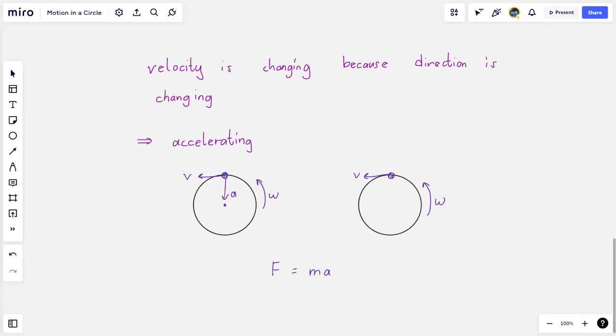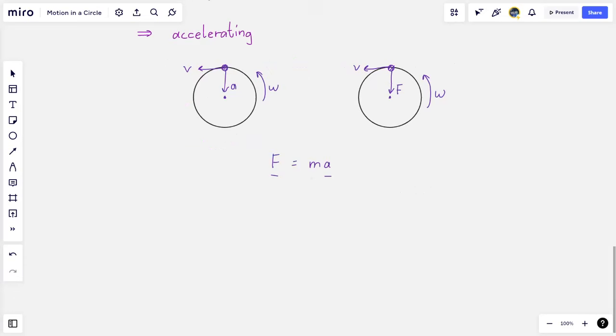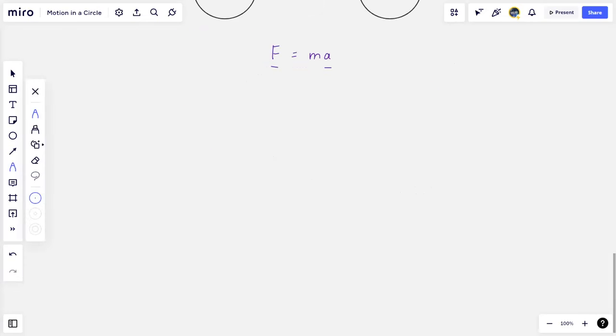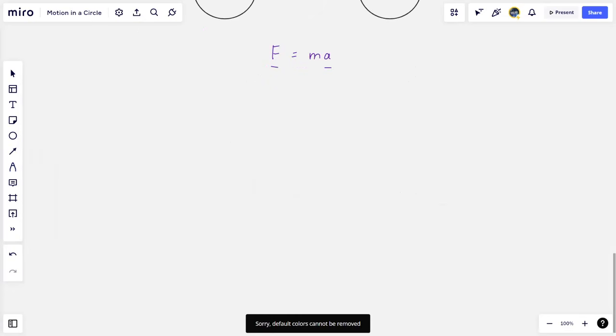It also states that the direction of F and the direction of a are the same. And so from Newton's second law, if I have an acceleration that's pointing towards the center of the circle, I also have a force pointing towards the center of the circle. And so my force and acceleration are both pointing towards the center of the circular path through which the object is moving. And so I have something called centripetal acceleration.